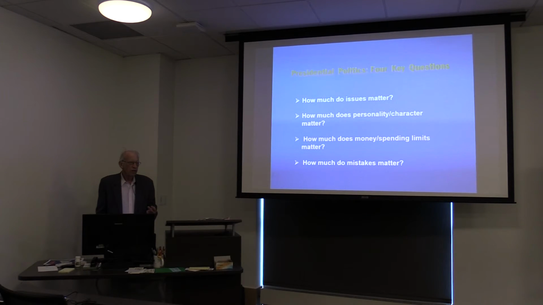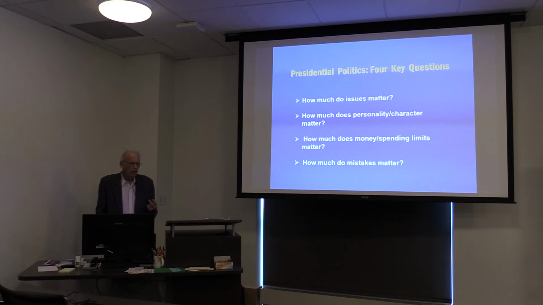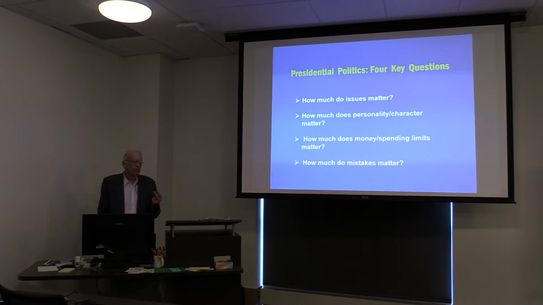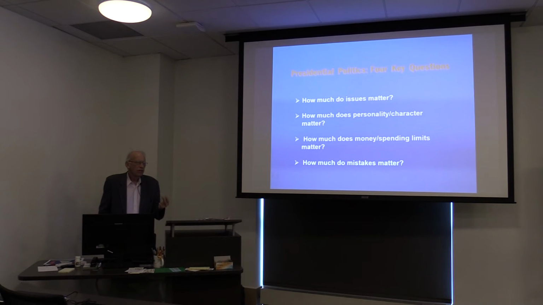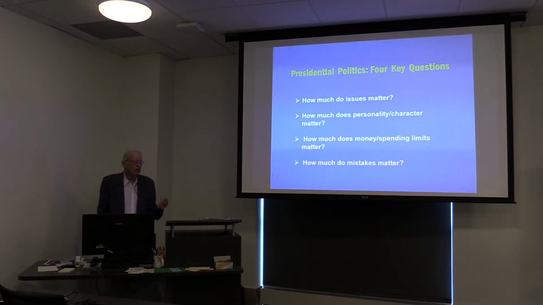The second point is that we have to go all the way back to 1940 for a Democratic candidate to be elected to a third term.